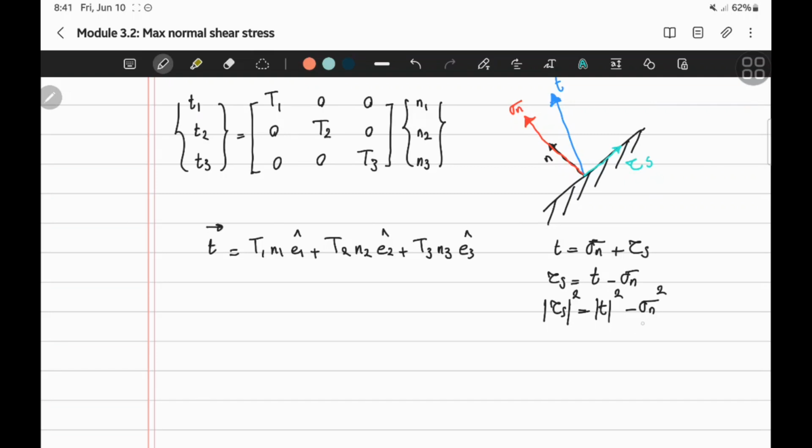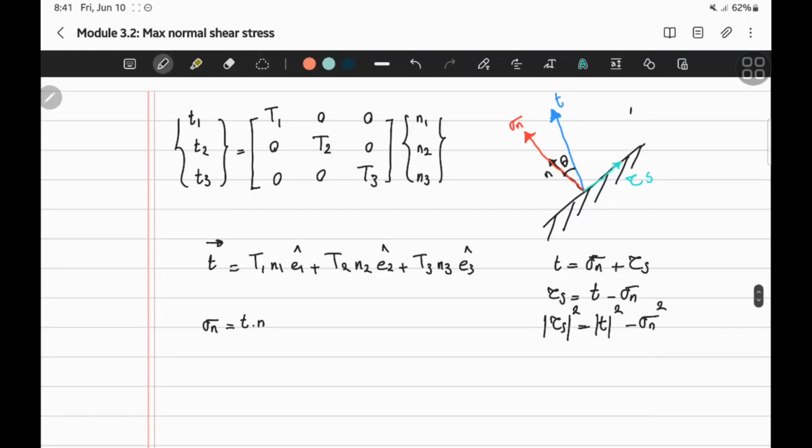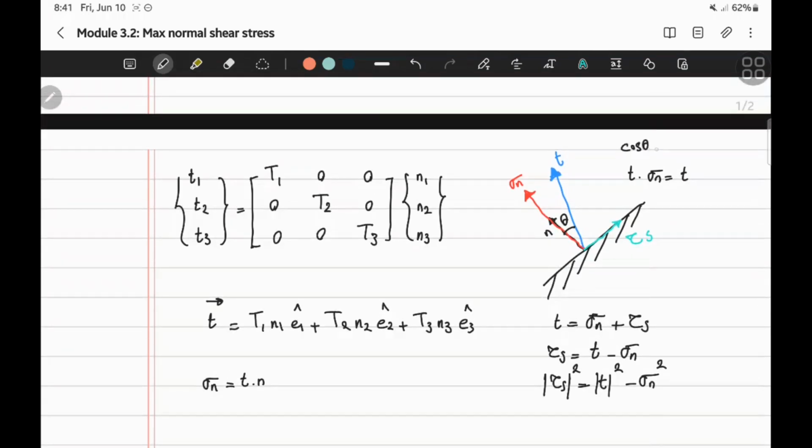So this is T. And now we have to find sigma N. We know that also sigma N is T dot N. So if we have this theta again here, we know that T dot N is basically the projection of T on N. So if we have the cosine theta, it is basically sigma N divided by T. So basically we are calculating the projection of T on this red vector sigma N. All right.